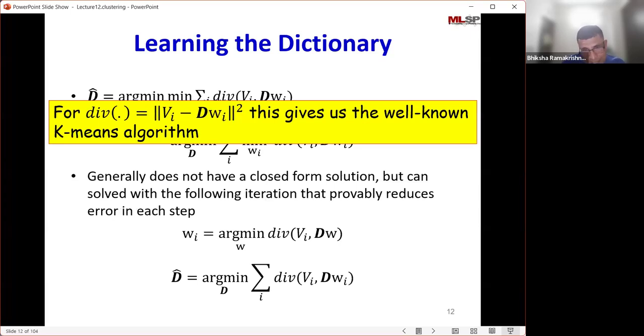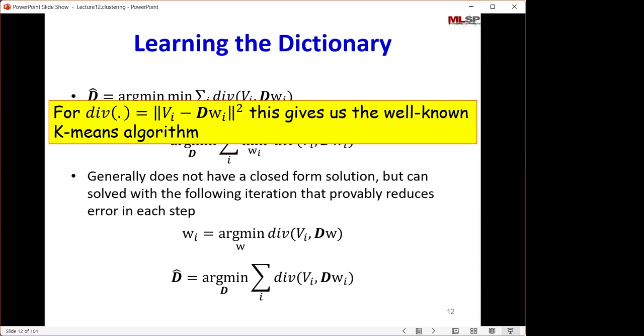Now this tells you which dictionary entry goes with each training data instance, so you've got the Ws, and then fix the Ws and optimize the D. This one can be optimized because the Ws are given, but this is not a selector algorithm. There's no constraint on D. So this can be minimized by taking the derivative and equating it to 0 and such like. Does this make sense? Everybody?